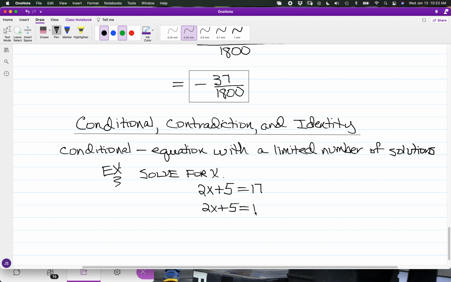And if we're looking at solving for x, we can get the x term by itself. So we get 2x by itself on the left-hand side by taking 5 away from both sides. So on the left-hand side we have 2x, and to the right I have 17 minus 5, which will be 12.